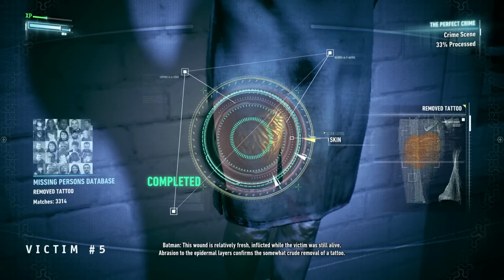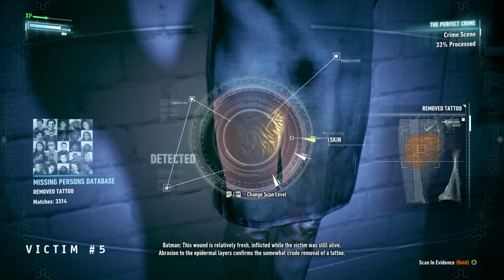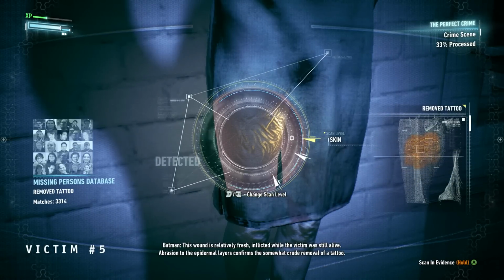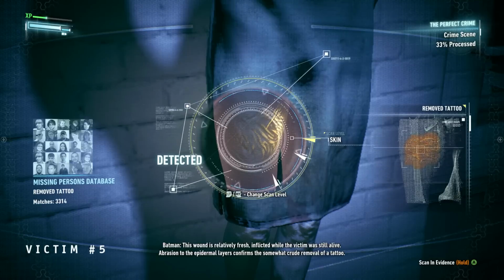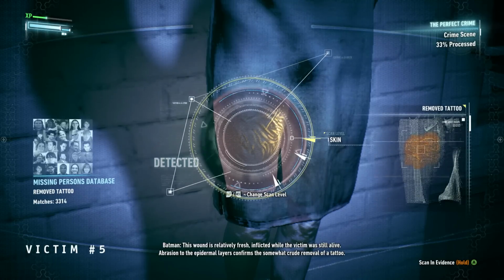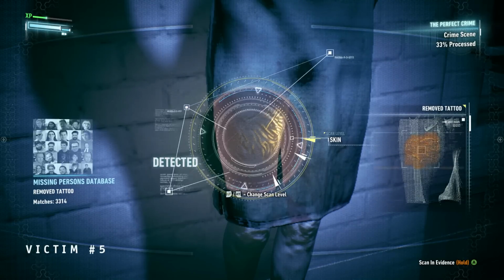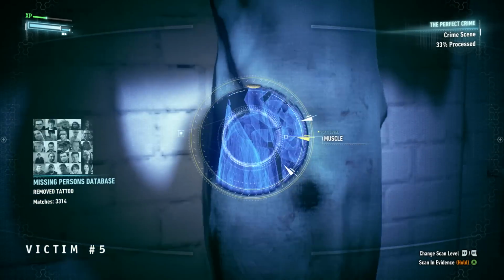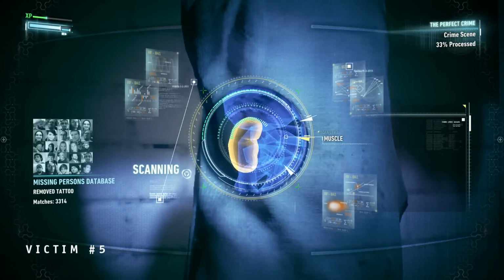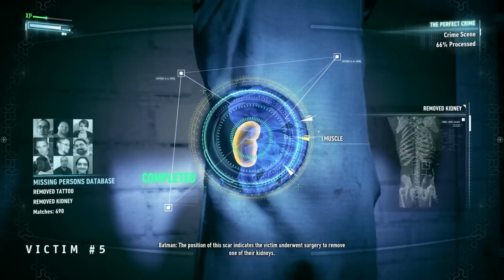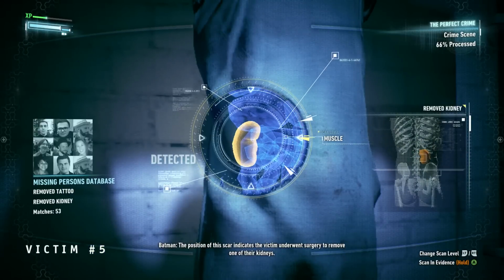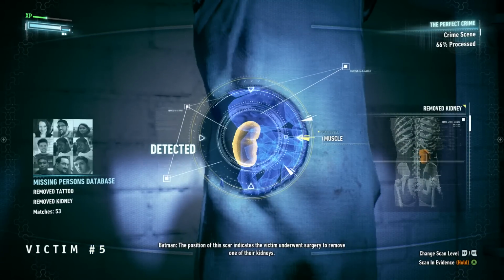This wound is relatively fresh, inflicted while the victim was still alive. Abrasion to the epidermal layers confirms the somewhat crude removal of a tattoo. The position of this scar indicates the victim underwent surgery to remove one of their kidneys.